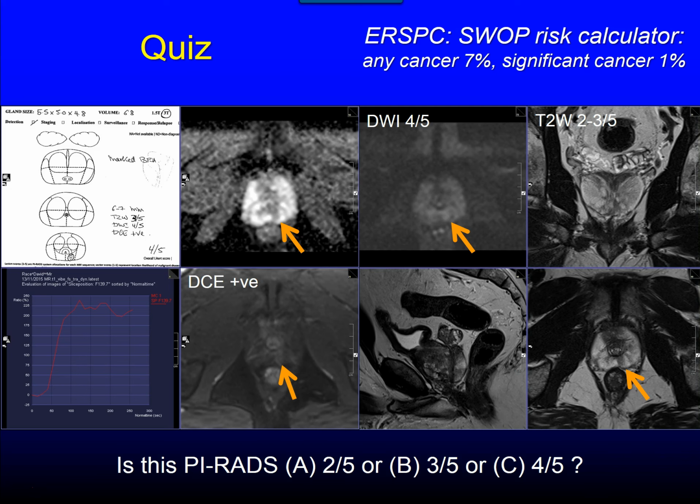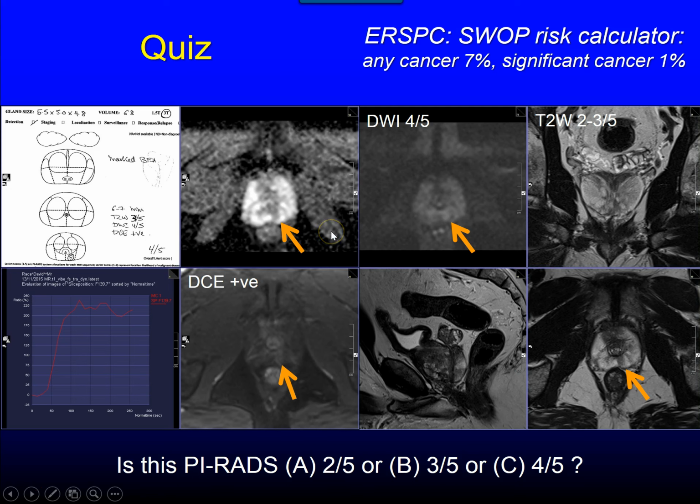We decided to do an MRI, and we found a small lesion in the left apex, 6 to 7 ml. That lesion is very subtle. There it is on the T2 sequence, slightly hyperintense, ADC is a little bit low.